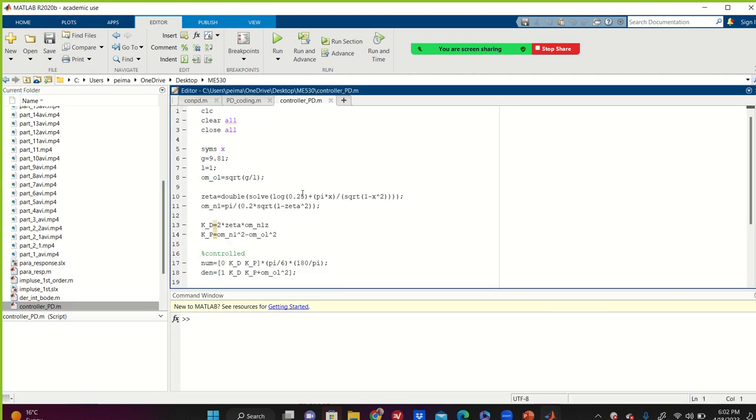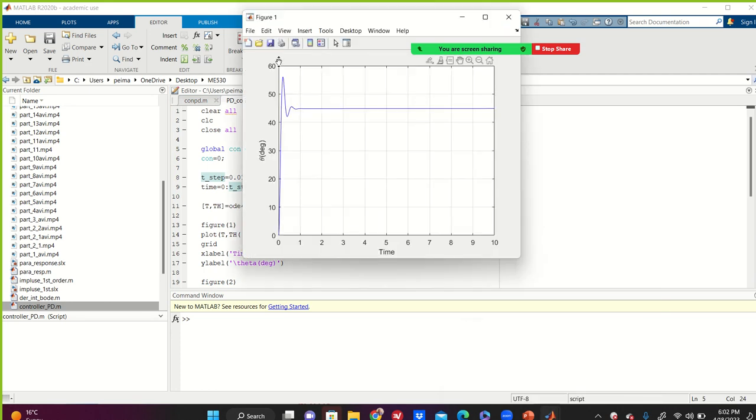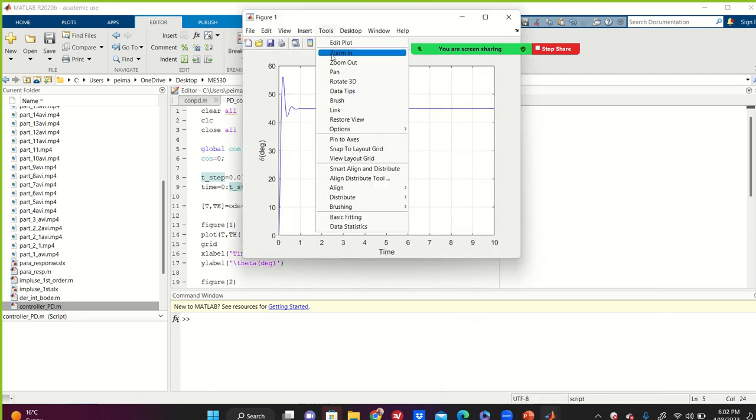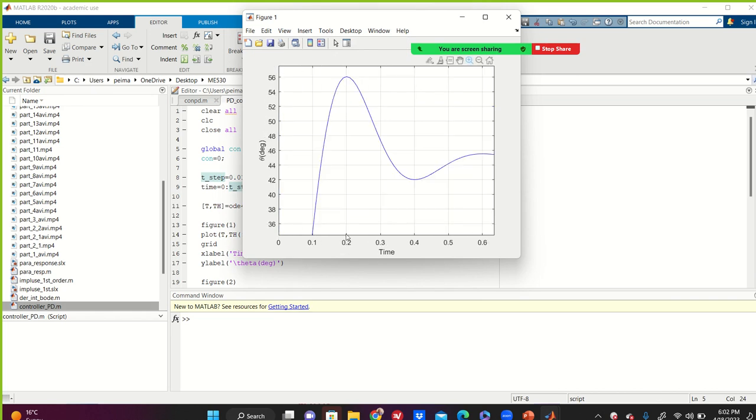Yeah, original was 25% overshoot and 0.2 seconds of peak time. See what I'm saying? See here? So now if I zoom this in, 0.2 peak time and 25% overshoot. Almost. See what I'm saying?